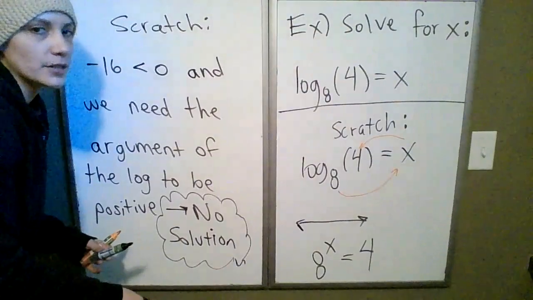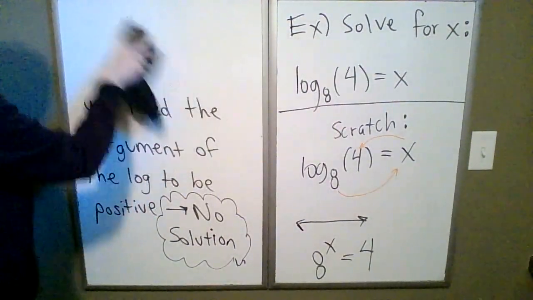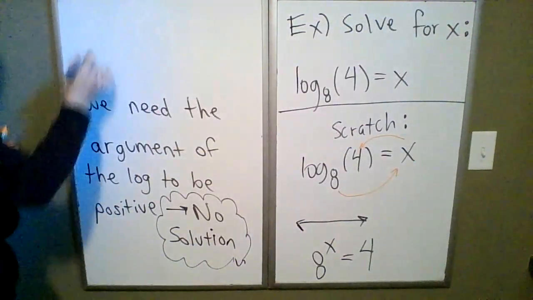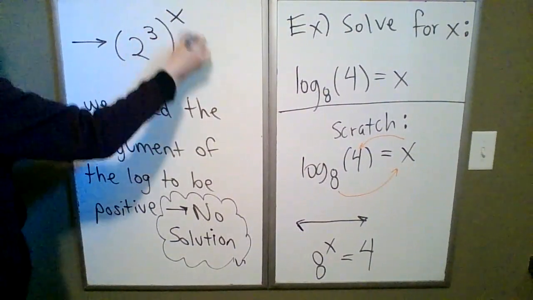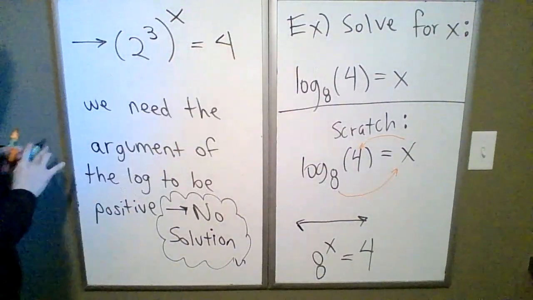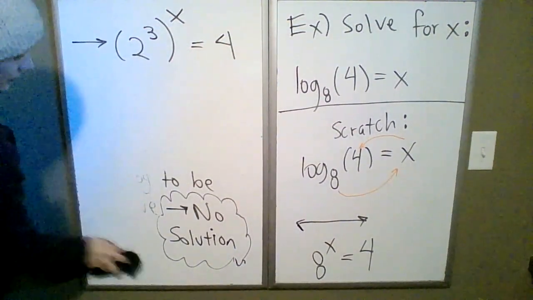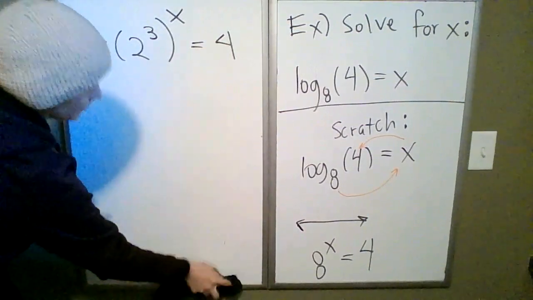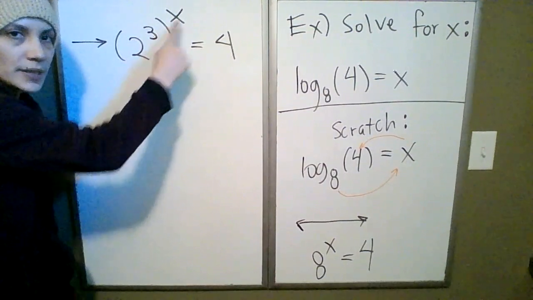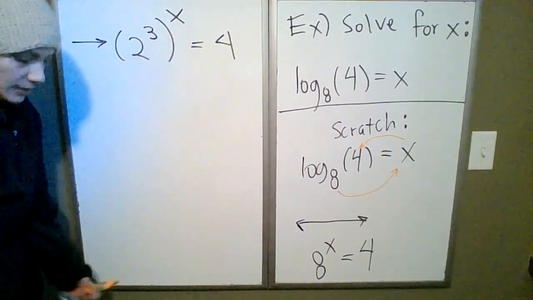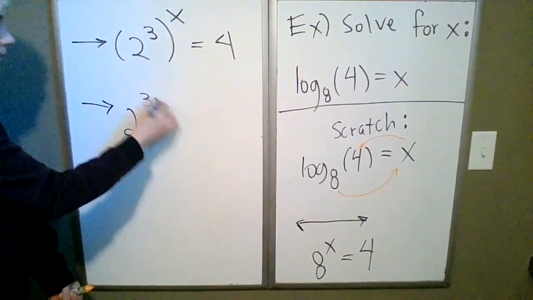Okay, let's start with factoring 8 as 2 cubed. And then on this side, that power to that power will be multiplied together, and it'll be 2 to the power of 3x equal to 4.